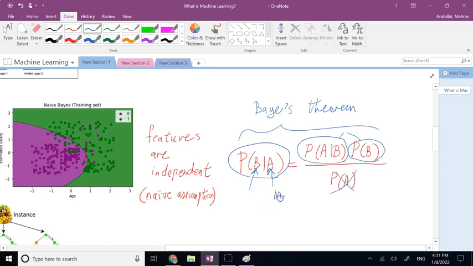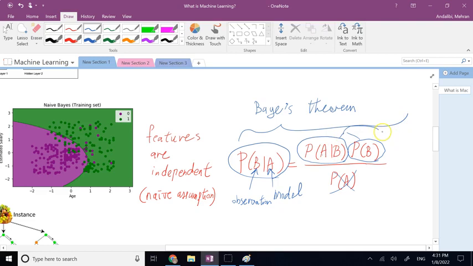So here A corresponds to the model, and B is the observation. A given B is, if I have some model, what is the probability of some observation coming out of it?